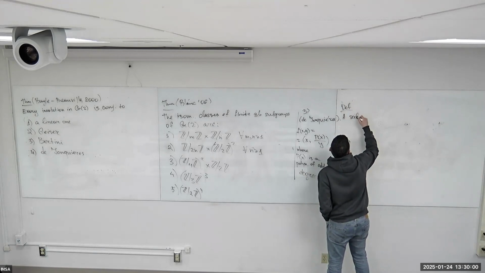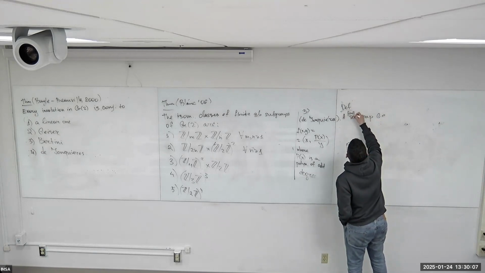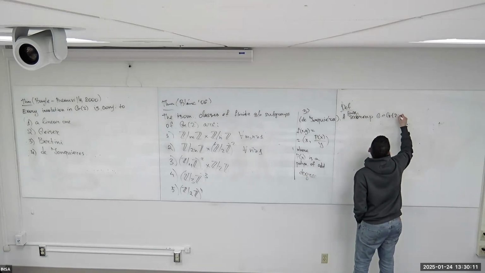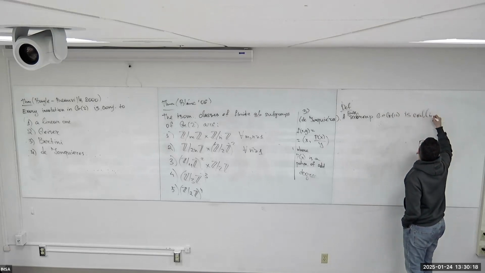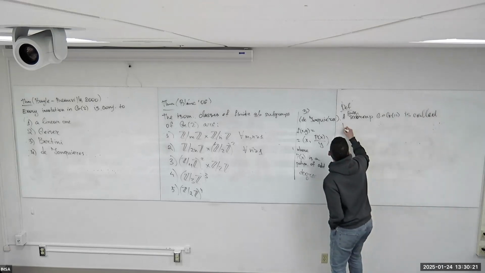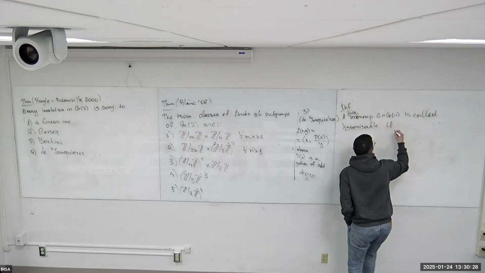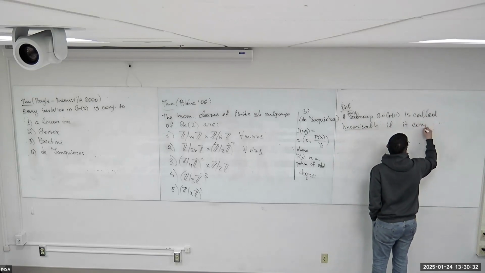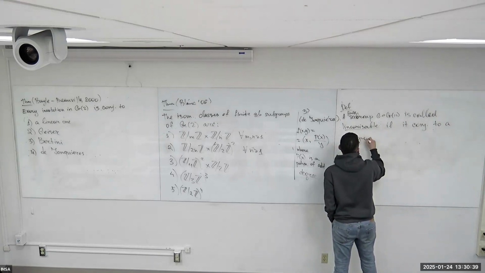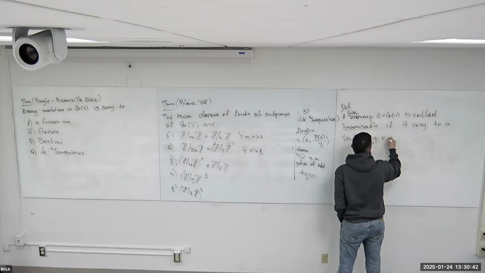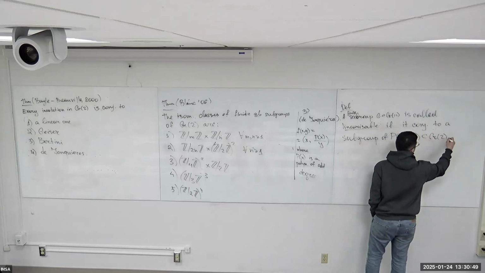A finite subgroup of Cremona 2, or of any Cremona, is called linearisable if it is conjugate to a subgroup of PGL3 living in Cremona 2.